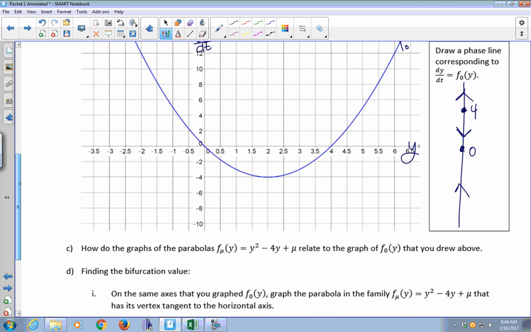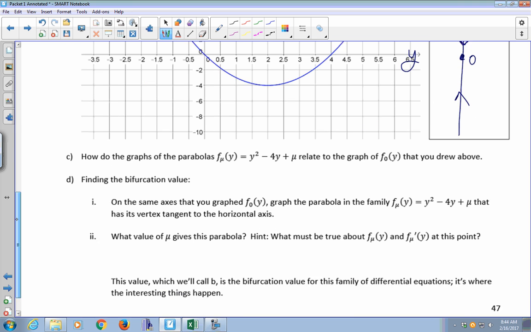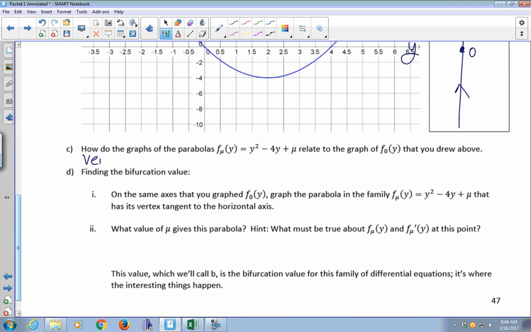As I change mu, if I put in 1 or 2 or 5 instead of 0, how is that going to change this parabola? Shift it up or down. Yeah, these are just vertical shifts that we're going to consider. Okay, so we're looking for what's called a bifurcation value.